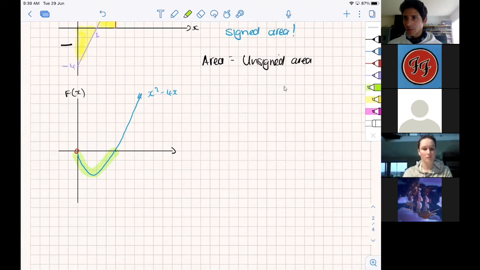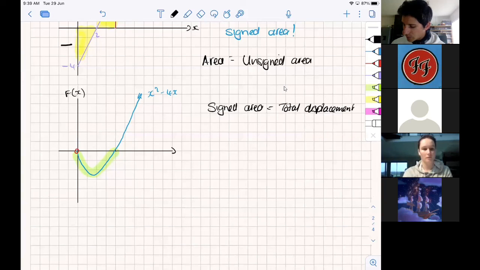What's my total displacement? What's my y value? It's 0. In other words, I started and ended in exactly the same place. So what the signed area is giving you is total displacement. It's telling you how far you are from where you started.